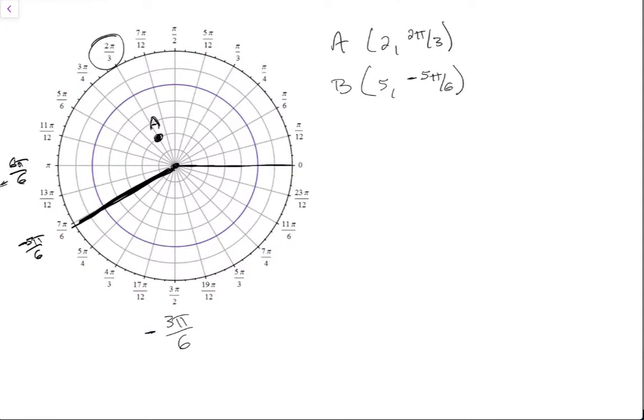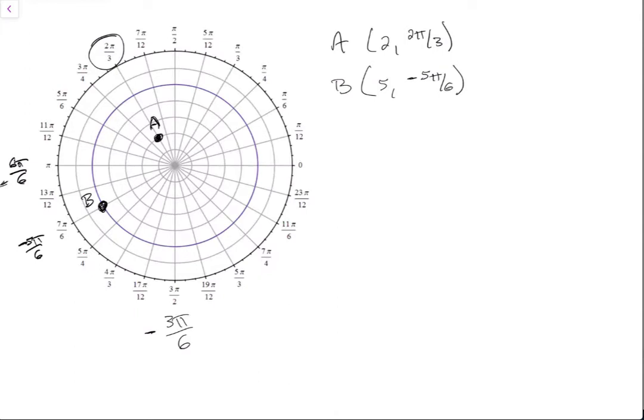I've made that line really solid, let me make it look a little cleaner. So I'm going to have, let's see, 1, 2, 3, 4. So here's the point B, where I would lie on the terminal side of the angle -5π/6 and lie 5 units from the pole.